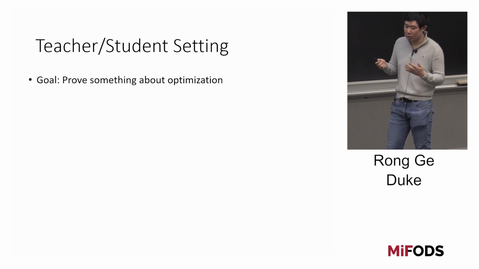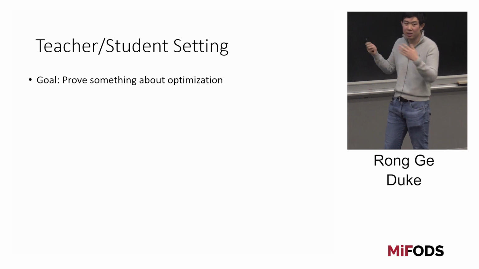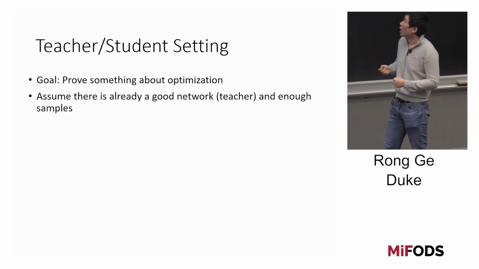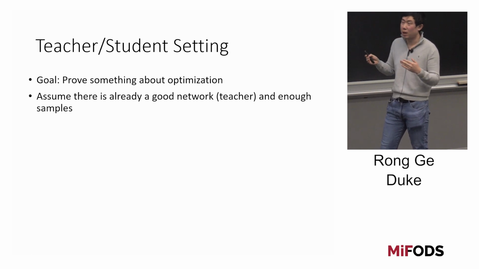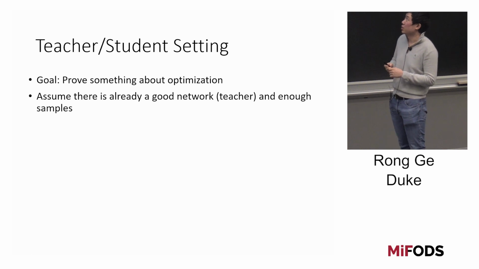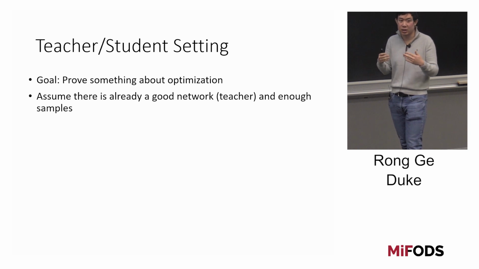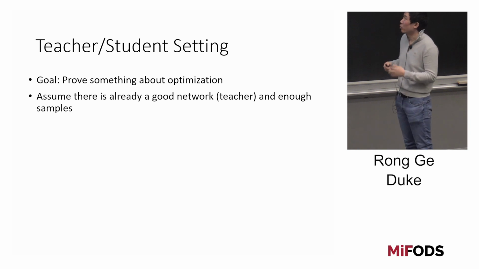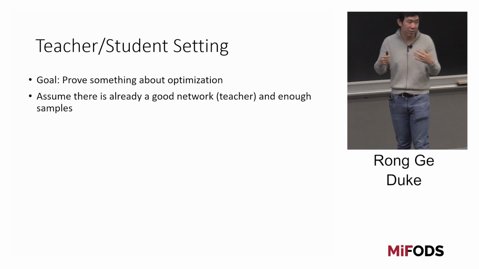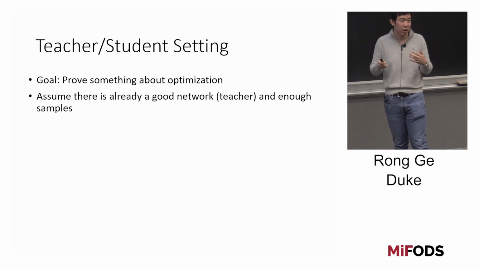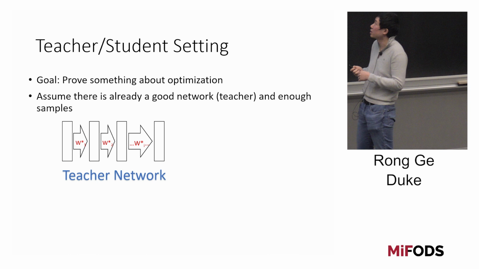But for neural networks, there are always other problems like generalization or representation that Nati has talked about, right? So in order not to confuse with those problems, we're going to assume there is already a good neural network that we call the teacher network that's generating the samples. And we are also going to assume that we have enough samples so that generalization is not going to be a problem in most cases.